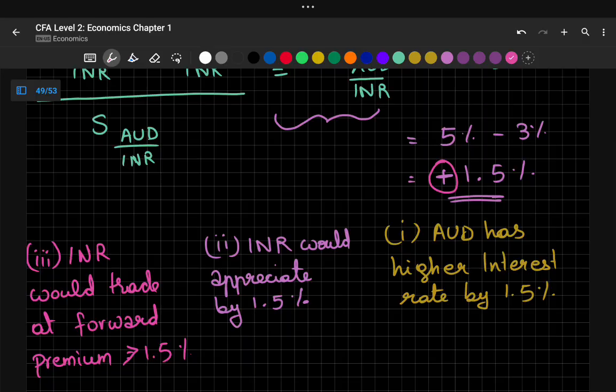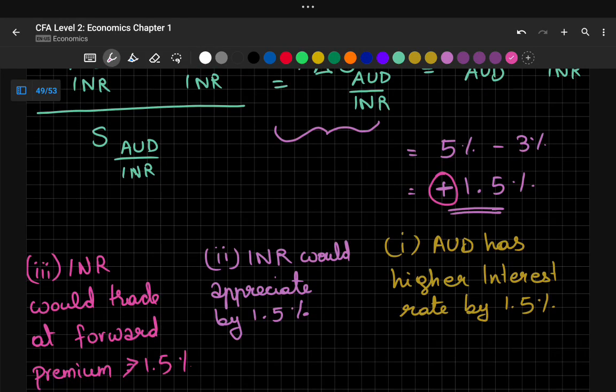Okay, so that's what we would be able to understand from this forward parity equation.